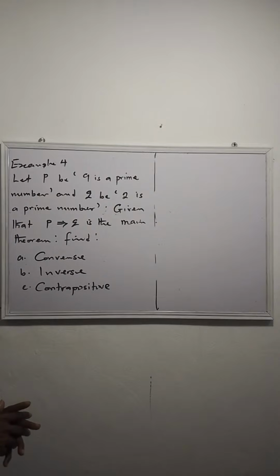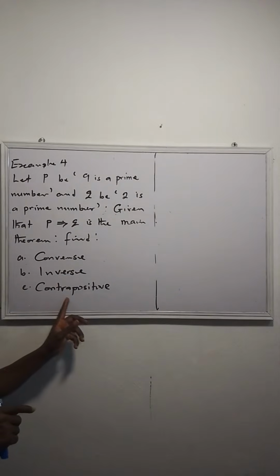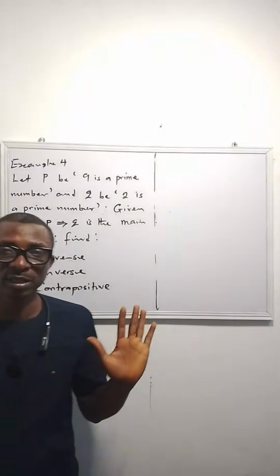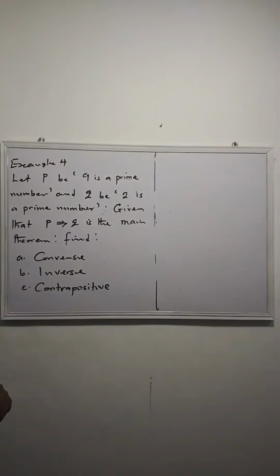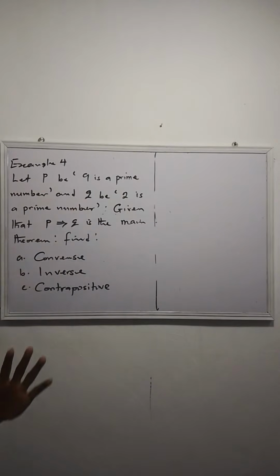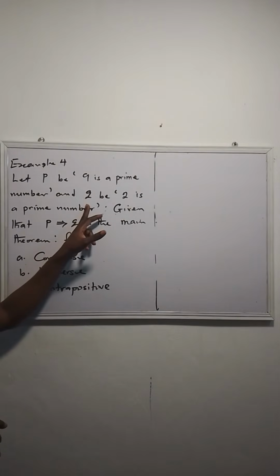Given that P implies Q is the main theorem, find A, the converse, B, the inverse, and C, the contrapositive. Now, to answer this problem, the first thing I need to know is the truth value of statement P and statement Q, the validity of statement P and statement Q.